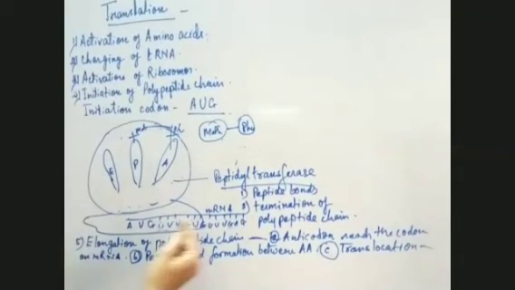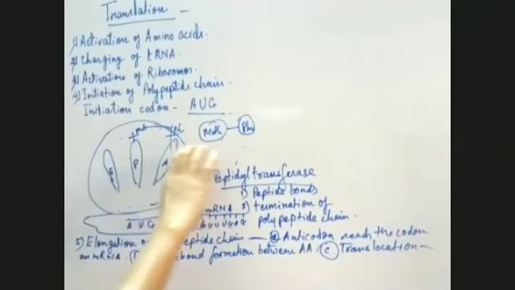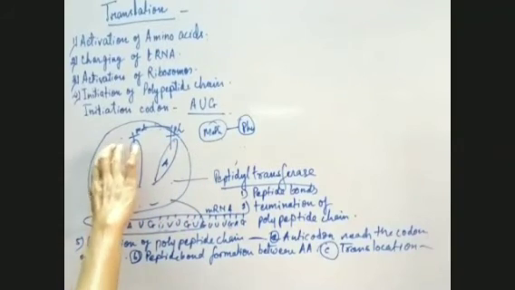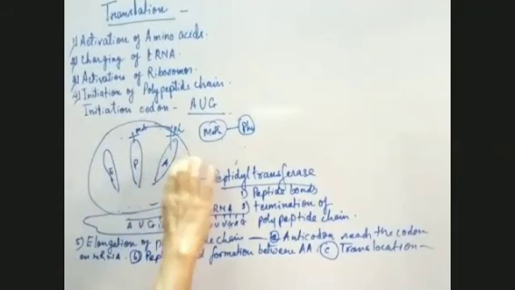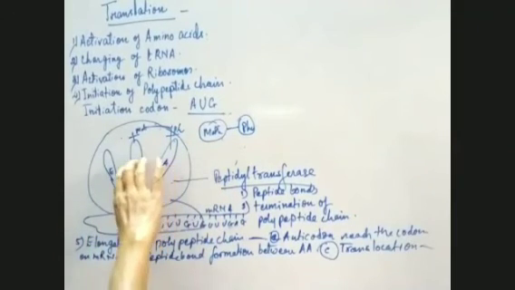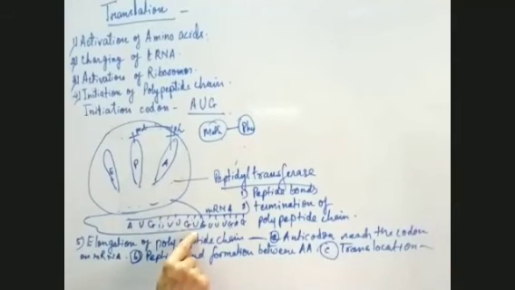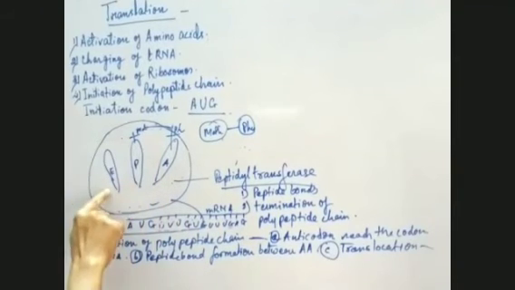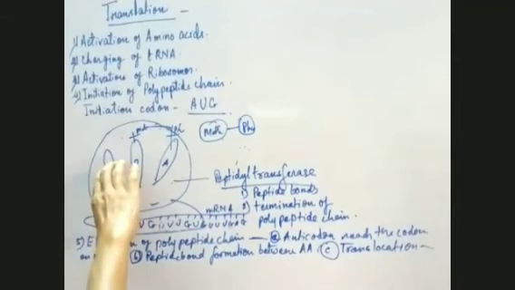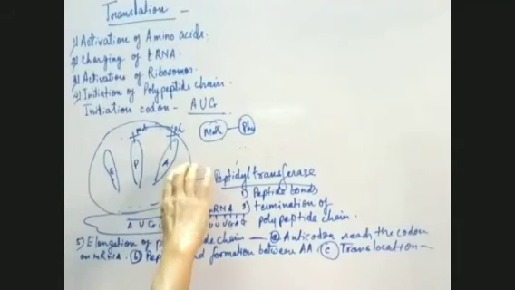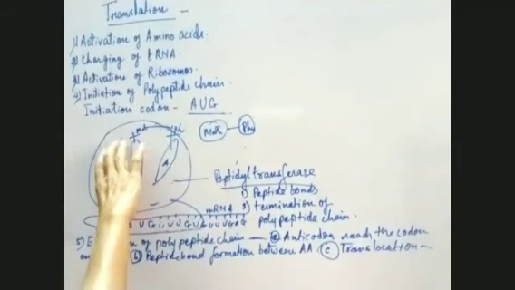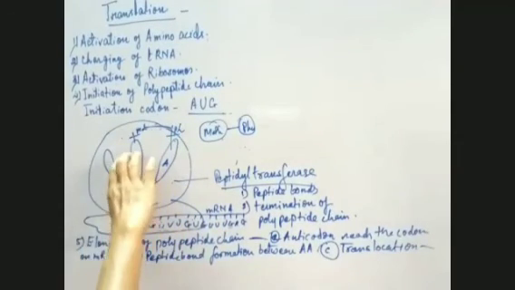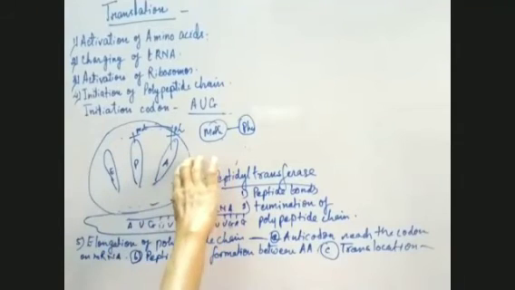What moves? It's not that the mRNA will move. The ribosome moves. That means it has read this, it has read this. Now the whole ribosome will shift here. This ribosome, the larger subunit and the smaller subunit, will shift here. From here, the ribosome will come on GUG and UUU. This whole, the larger subunit and the smaller subunit, will shift from here to here.